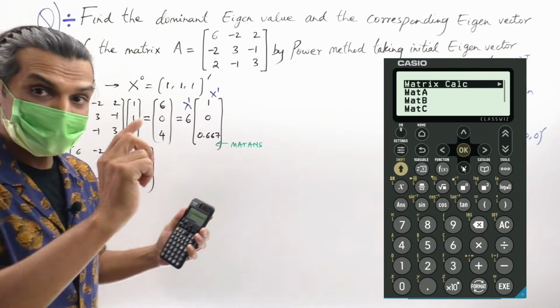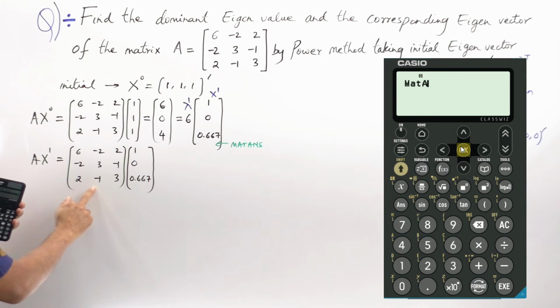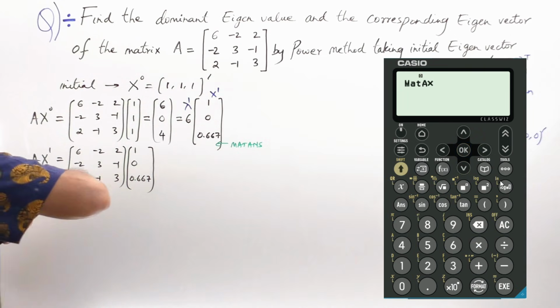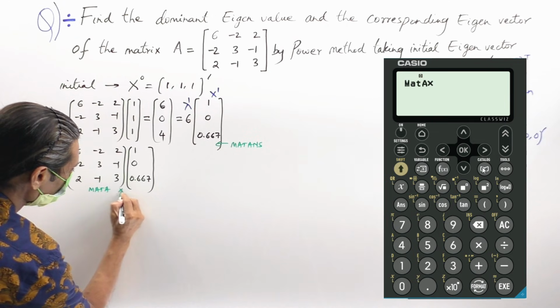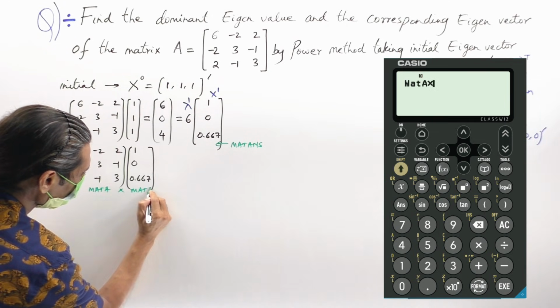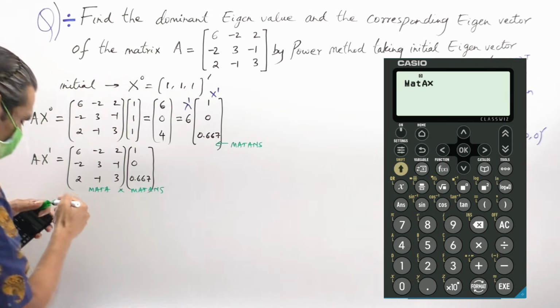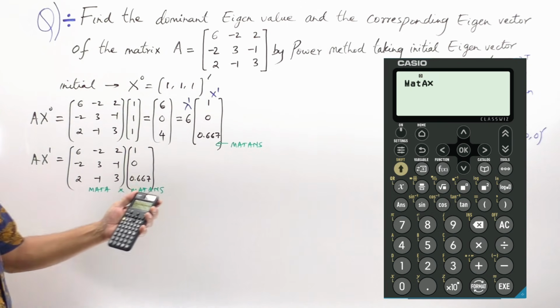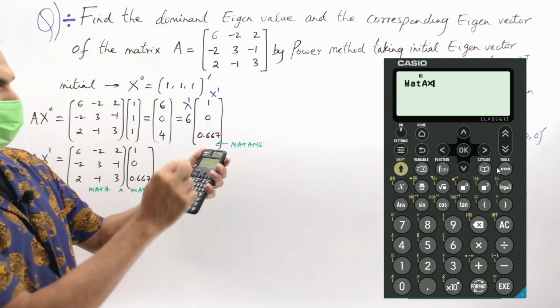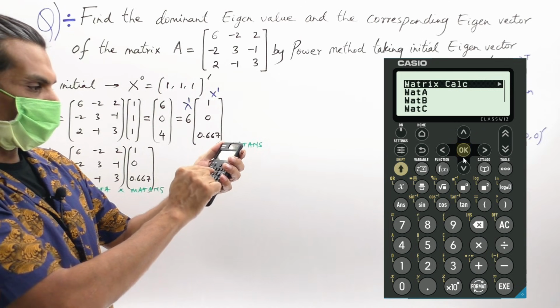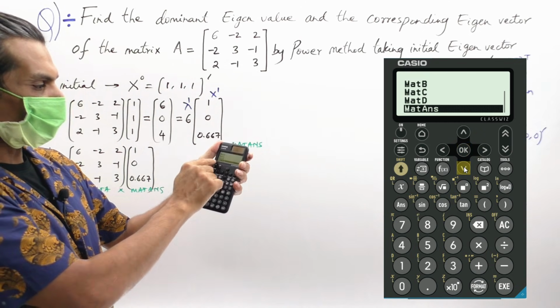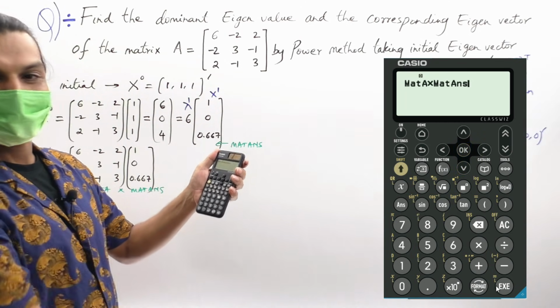Now what I am going to do here is matrix A into matrix answer. So Mat A into matrix answer. That means Mat A into, again catalog, matrix, go down, you'll get Mat Ans.